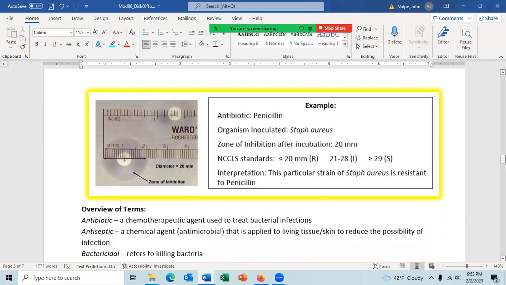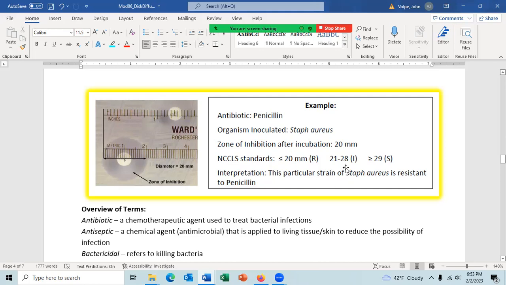So for example, for the antibiotic penicillin and the organism Staphylococcus aureus, if the zone of inhibition is 20 millimeters or less in size, we say that this Staphylococcus aureus is resistant to penicillin.